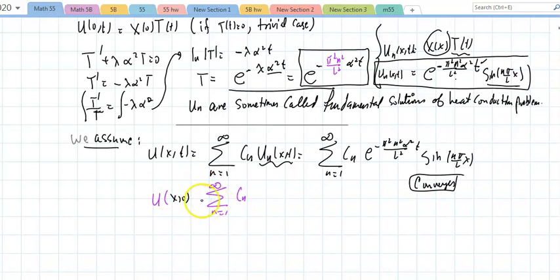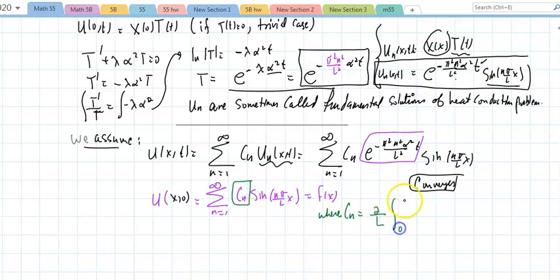If I let t equal 0, this piece will disappear, and I'll be left with the sine of n pi over L x. So initially, I call this f of x, and guess what? c sub n is, and are you ready for that? 2 over L, the integral from 0 to L of f of x times the sine of n pi over L x dx. Fourier. That's how you find the coefficient.